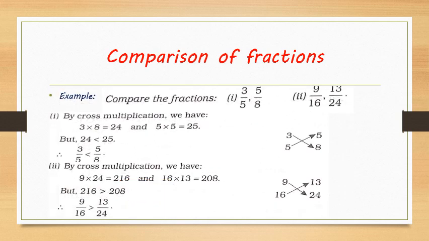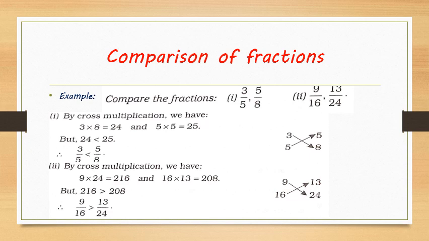Let's take an example to compare two fractions by using the cross multiplication method. The first one is 3 by 5 and 5 by 8. What do we have to do first? First we have to cross multiply, that is, multiply the denominator of the first with the numerator of the second, and the denominator of the second with the numerator of the first, keeping numerators at the same place.